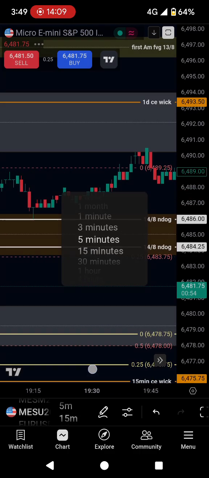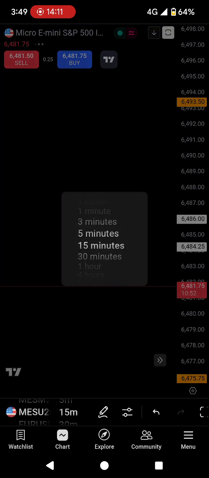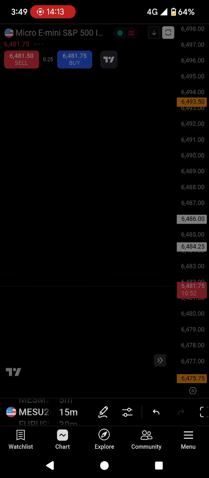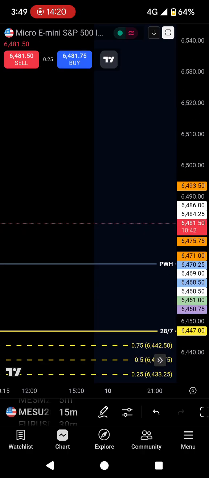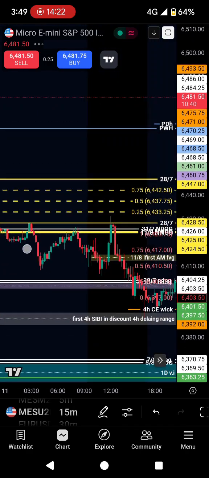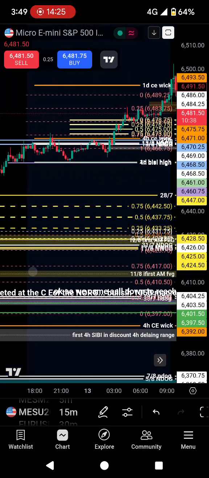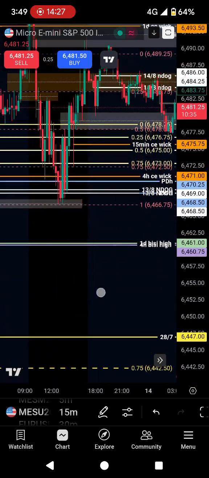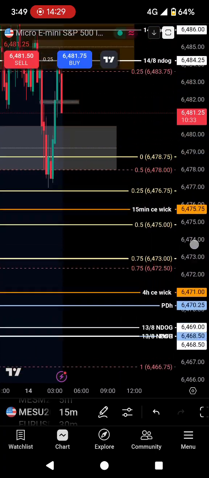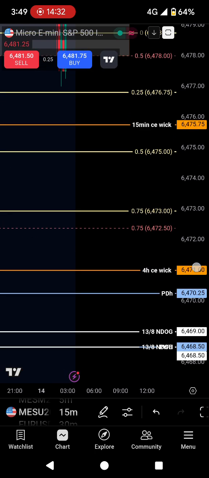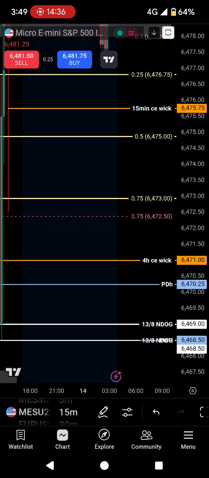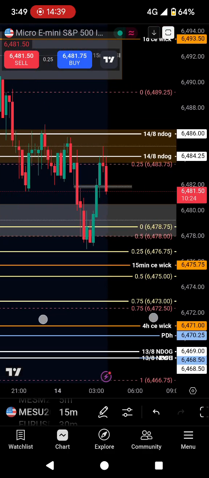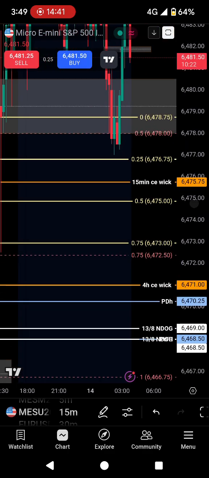Now let's go back. The end dog is here. So the end dog coincides with what? With the previous week high. Yeah, 646.5, the end dog coincides with the previous week high.